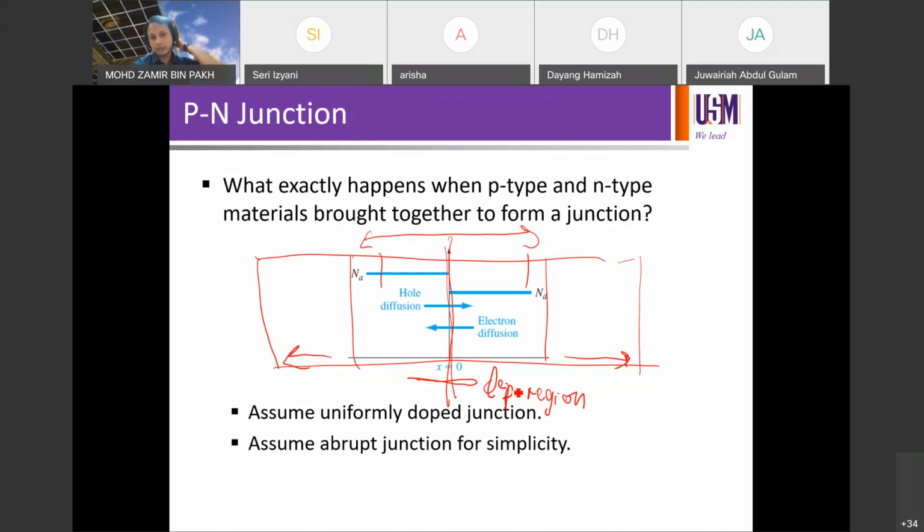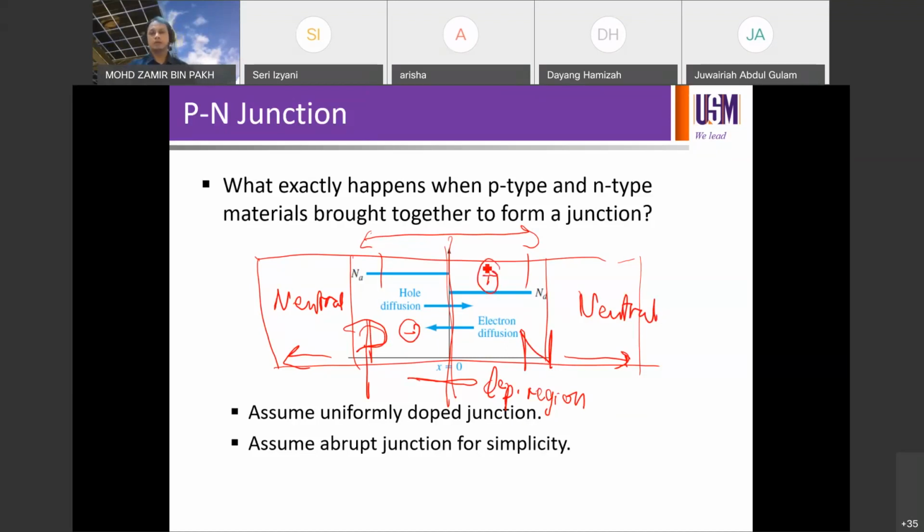On the other hand, the region on the left hand side is going to remain neutral p-type. Because we have p-type on the left and n-type on the right, and this region to the right is going to be neutral as well. So the region with space charge is going to be the central region, right? This one is the negative space charge on the left and positive space charge on the right.